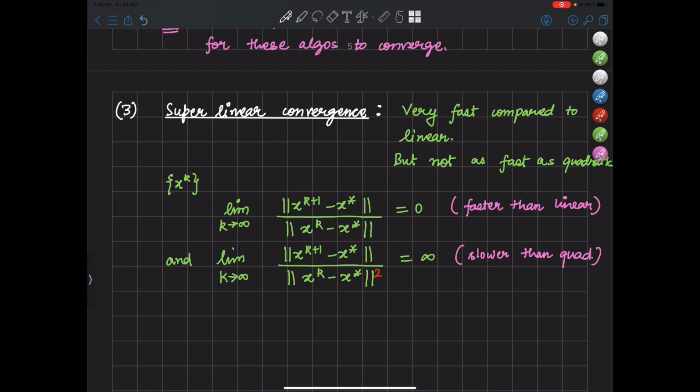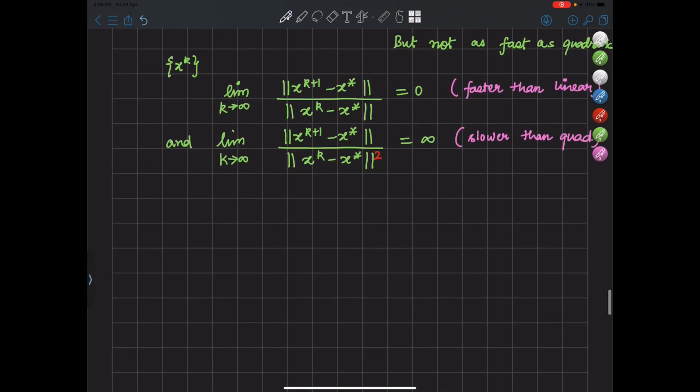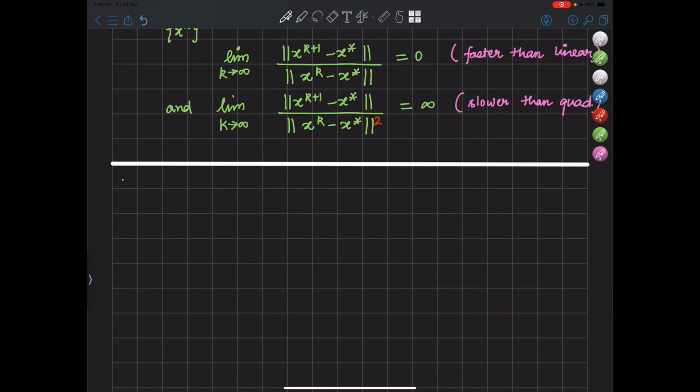Now let us look at some converging sequences and see whether they are linear, quadratic, or superlinear. I'll just give you some examples.